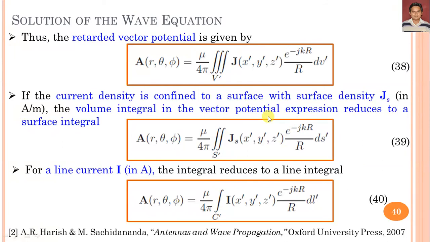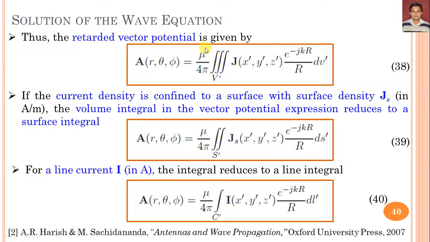Using expression 39, similarly we can calculate for the line current, A equal to mu upon 4 pi and so on. These are the three expressions that can be used to analyze different kinds of antennas. For a wire antenna we consider equation 40. For an aperture antenna we consider equation 39, and this is the generalized equation of the retarded vector potential.